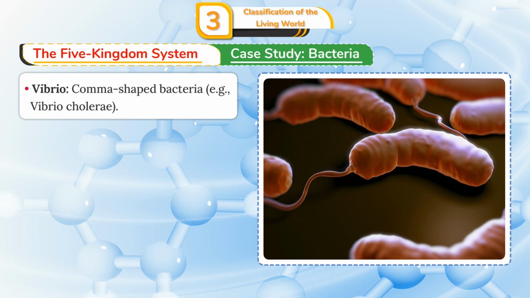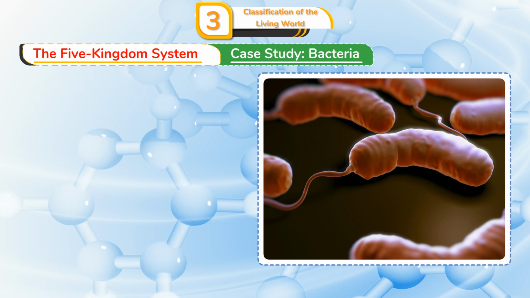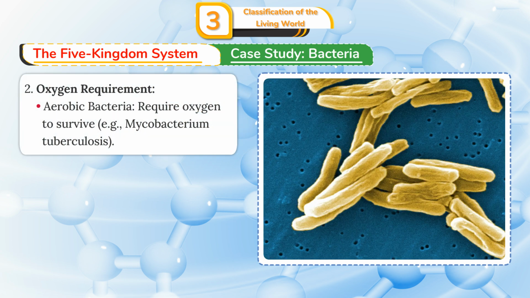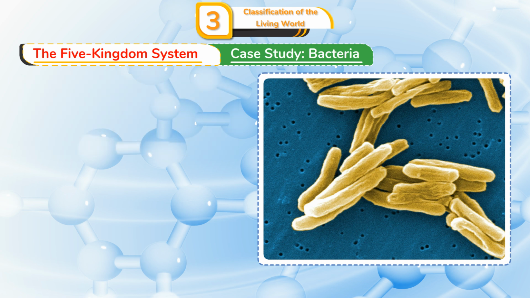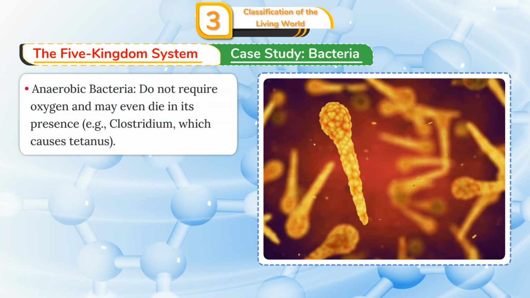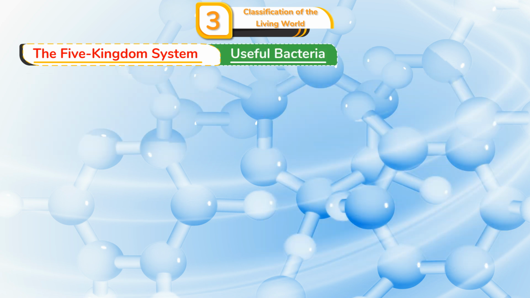Vibrio, comma-shaped bacteria, for example, Vibrio cholerae. 2. Oxygen requirement. Aerobic bacteria require oxygen to survive, for example, Mycobacterium. Anaerobic bacteria do not require oxygen and may even die in its presence, for example, Clostridium, which causes tetanus.